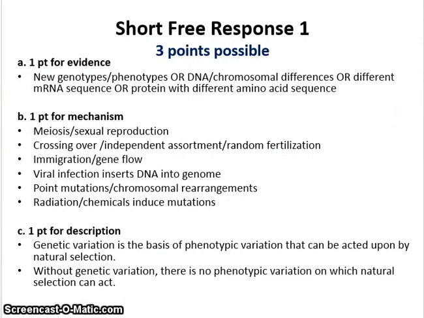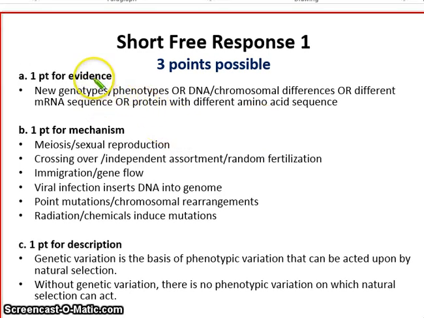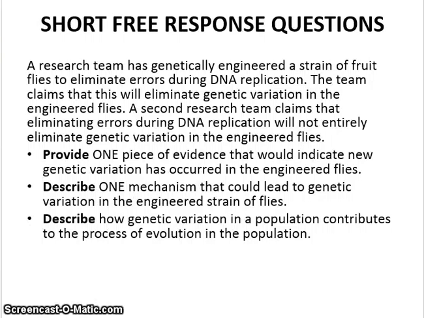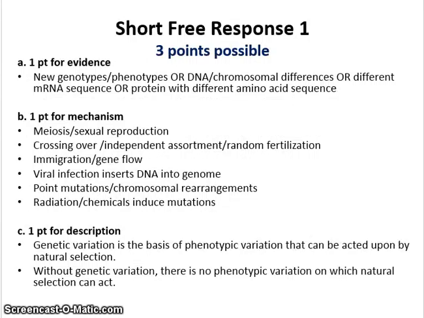So if I go down, let's look at each one. It says right here, evidence for this. How do we see evidence of... excuse me, I'm going to have to go back because I forgot exactly what our evidence was for. It says provide evidence that indicates genetic variation has taken place.